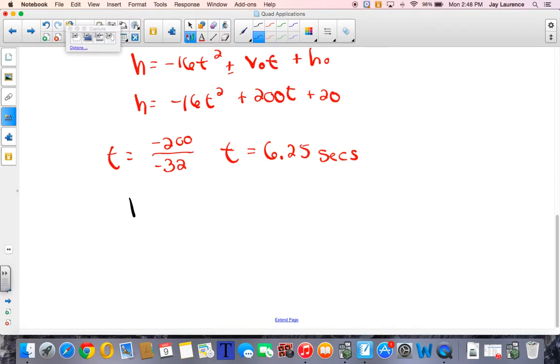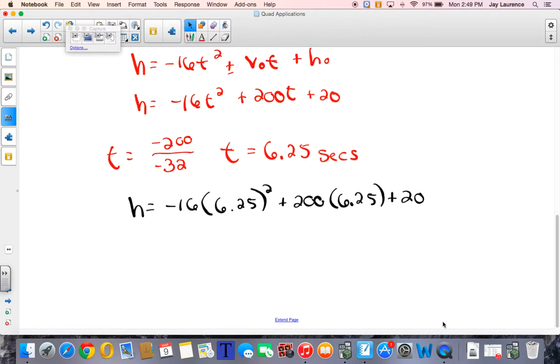How am I going to figure out what that maximum height is? Well, I'm going to plug that in to this. And I'm going to go ahead and go to my graphing calculator on that.